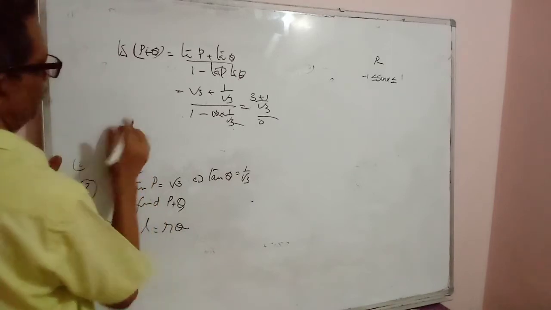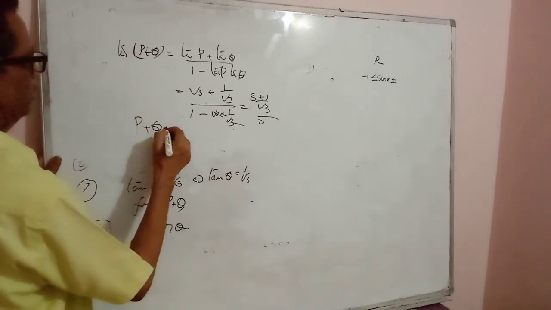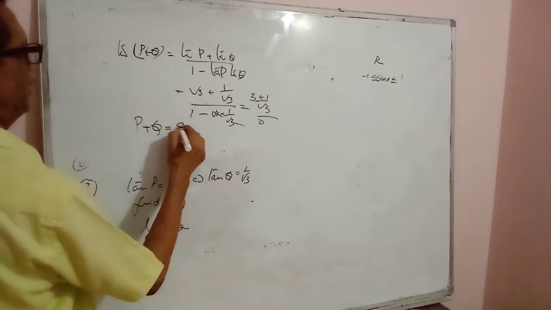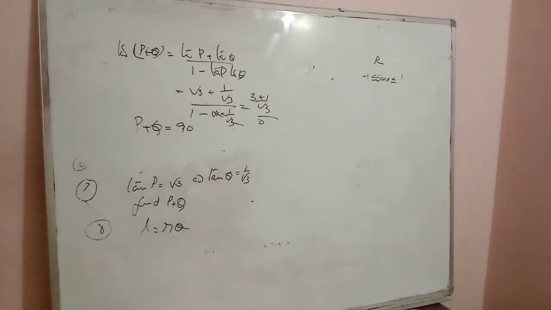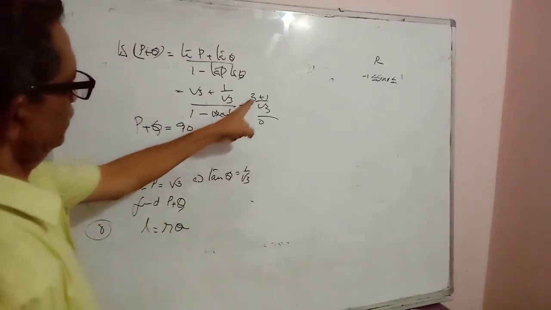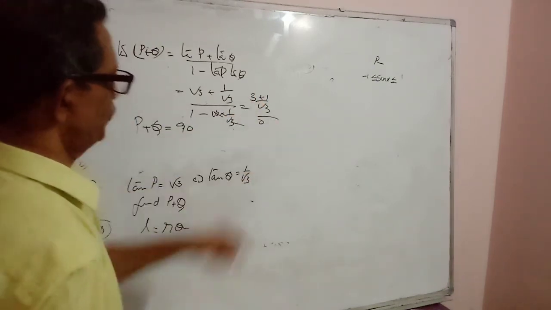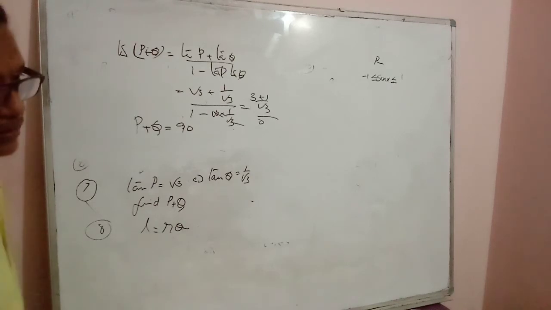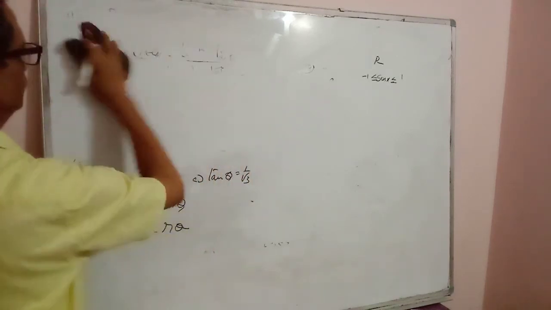So tan(P+Q) is infinity, which means P plus Q is equal to 90 degrees, because this is a number divided by 0, infinity. Tan 90 is infinity, not defined.